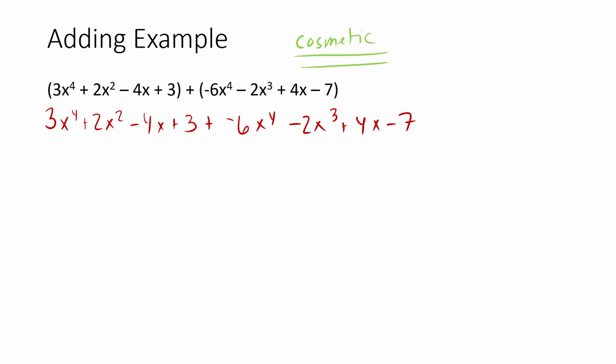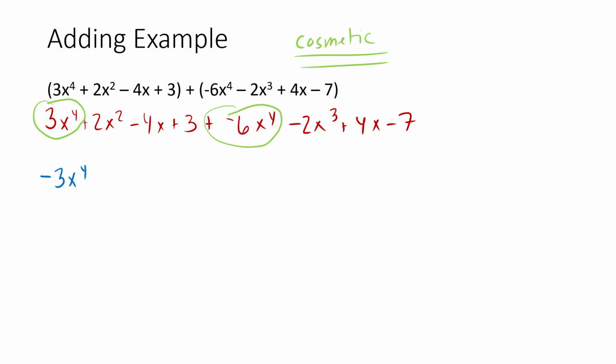So we're going to go through and find all the x to the fourths and all the x to the thirds and all the x squareds and combine them with each other. So I can find 3x to the fourth, and then this is like a plus negative 6x to the fourth, or you could think of it as minus 6x to the fourth. Well, 3 minus 6 is negative 3, and so I have negative 3x to the fourth.